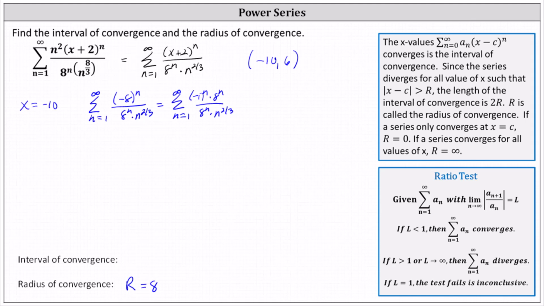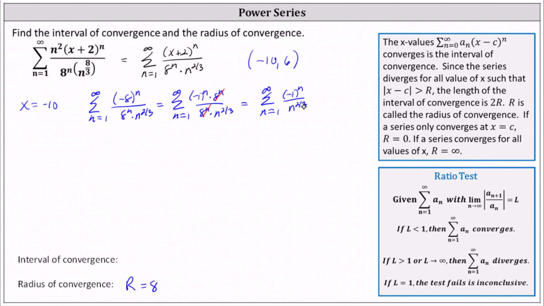In this form, we can simplify. 8 to the power of n divided by itself simplifies to 1. We now have the series, the sum from n equals 1 to infinity of -1 to the power of n divided by n to the power of 2/3.